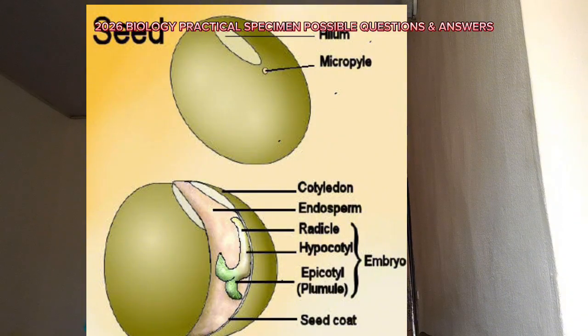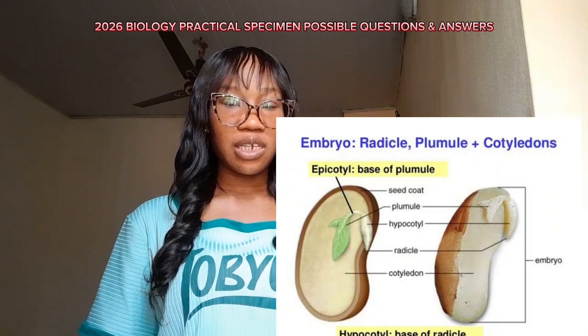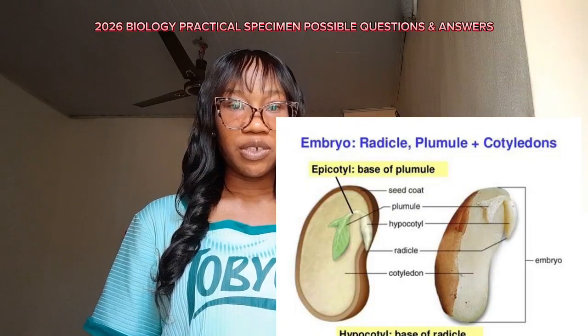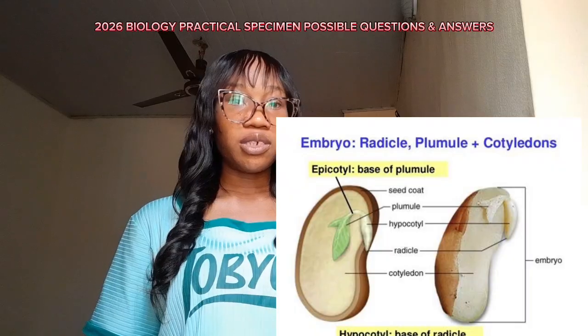One thing you must know is that a seed is gotten from the embryo. Where is the embryo gotten from? The embryo is gotten from fertilization. Fertilization of the male part and the female part gives a zygote. After some while, the zygote develops into an embryo.